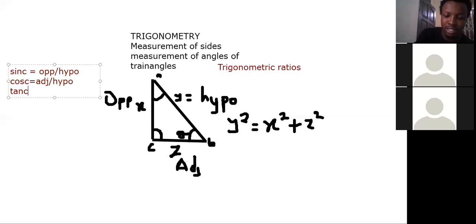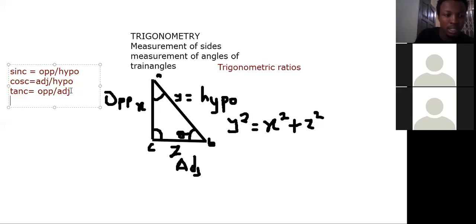So tan C is equal to TOA, opposite all over adjacent. Now from there we also have other identities that are gotten from manipulations of these things, and they all boil down to this.